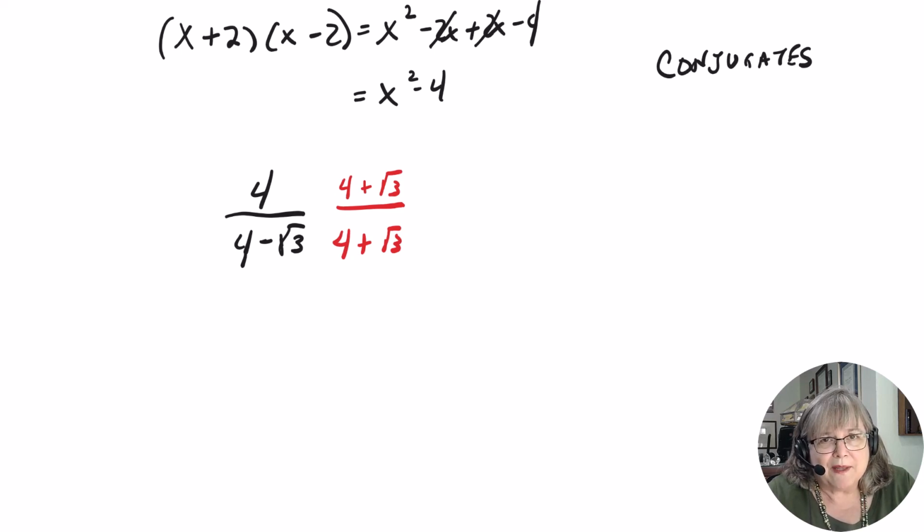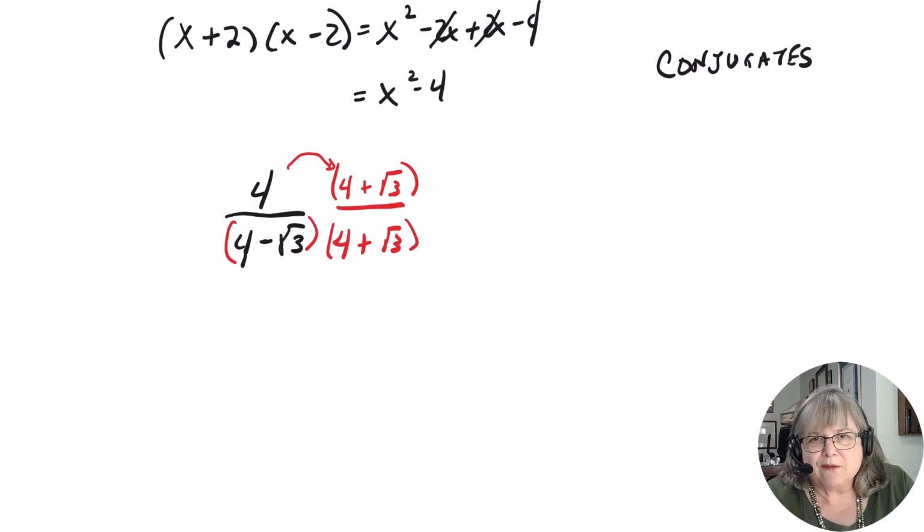Typically, on your limits, you don't actually want to multiply out this distributive because what you're hoping for in most of your limits is that this fraction is going to reduce somehow. So don't try to multiply out this distributive property, but do multiply out the two binomials, the two conjugates.